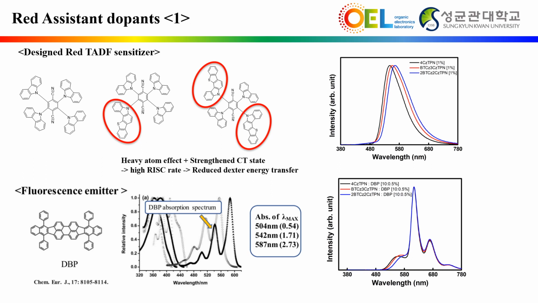Looking at the DBP absorption graph below, you can see that the absorption dramatically increases in the 580 nanometer region. And I'm currently focusing on designing a TADF molecule with a higher redshift and faster RISC rate than 4CZ-TPN, which emits light in the 540 nanometer region.